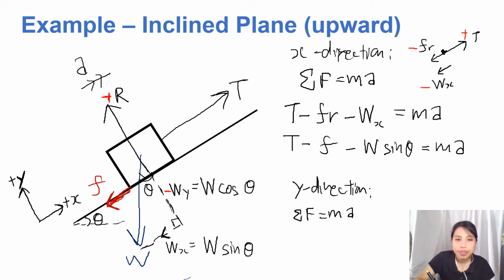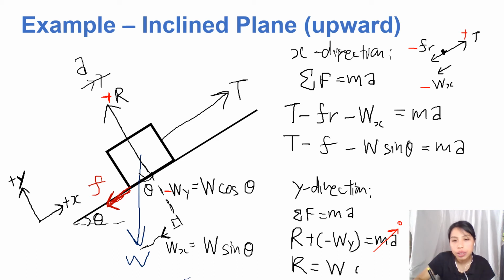So we will have R minus Wy equals ma. So that's for the y direction if they want you to do anything. Okay? So no vertical acceleration in this case. So R is just equal to Wy or W cos theta, like what we did before. So this is a complicated example of how a block can be sliding upwards and how to find the acceleration here.